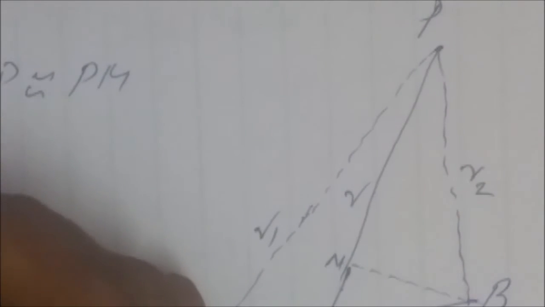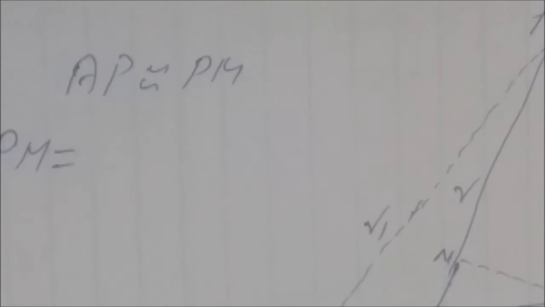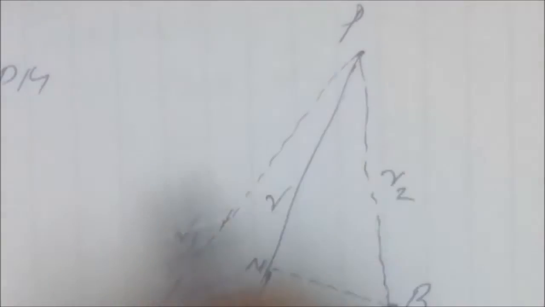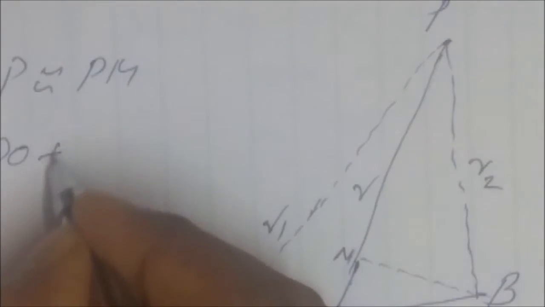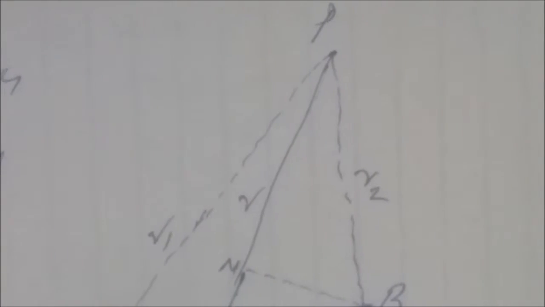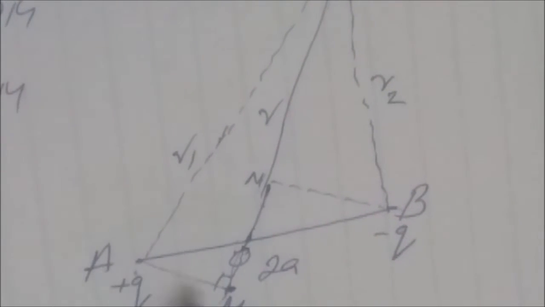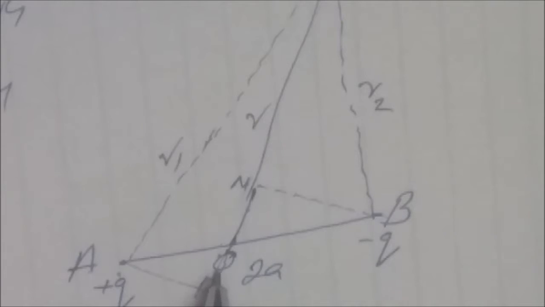And we know that PM, from this figure, is PO plus OM. And from this right angle triangle AMO, this is 2a, so this is a and this is also a.